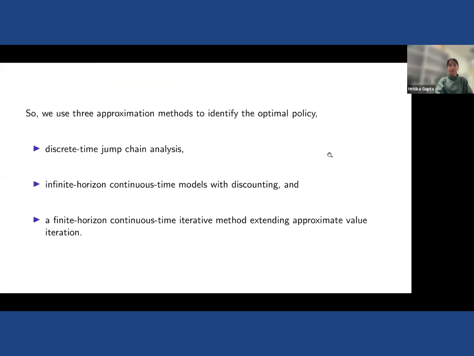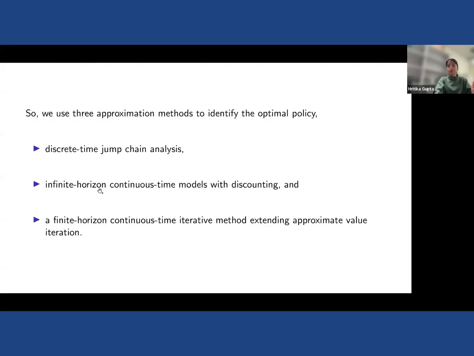Hence, we perform this analysis of identifying the optimal policy using 3 different approximations. The first one is the discrete time jump chain analysis. That's what we saw. The next is infinite horizon continuous time models with discounting. So you can perform an analysis in continuous time, but with infinite horizon, because then you don't have a time factor.